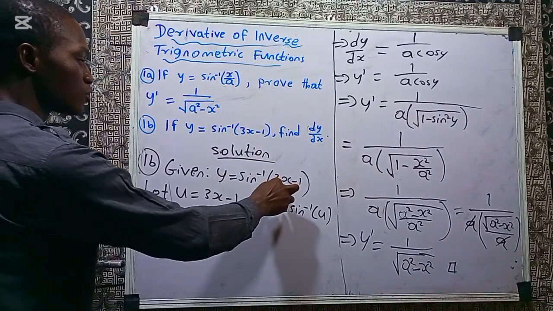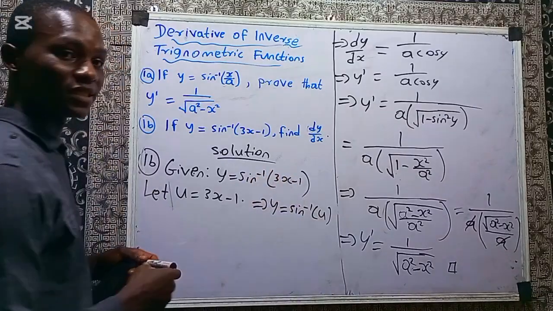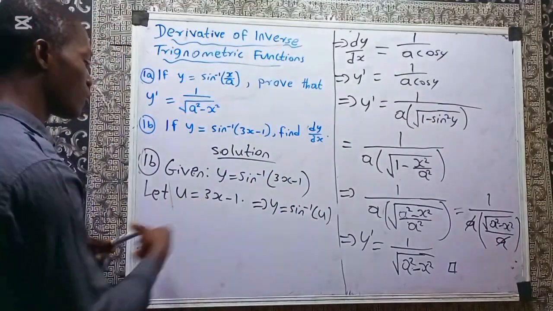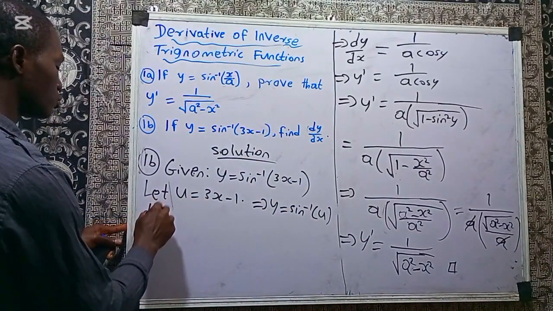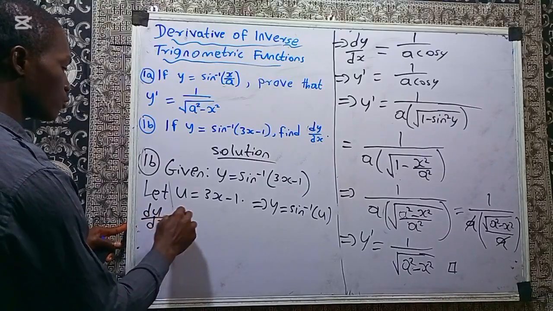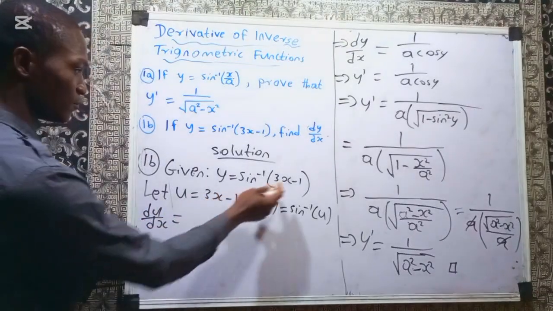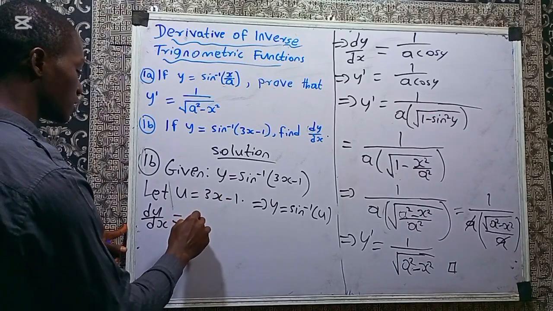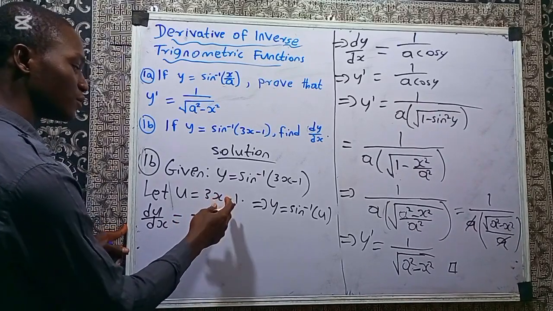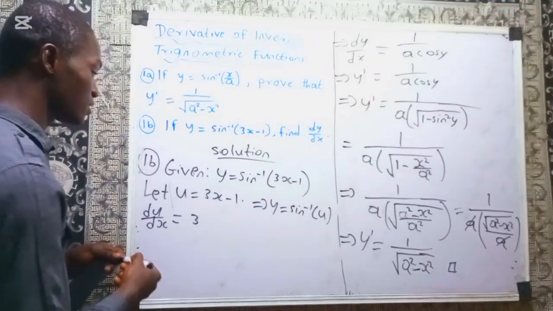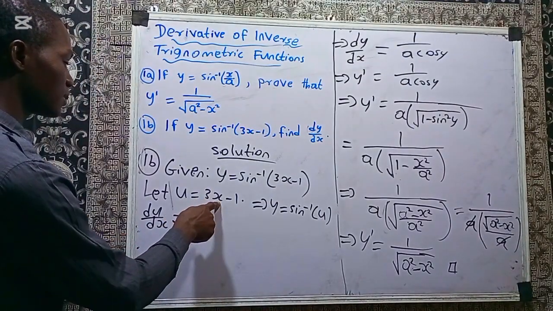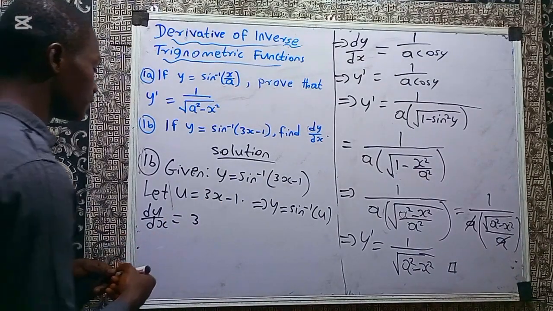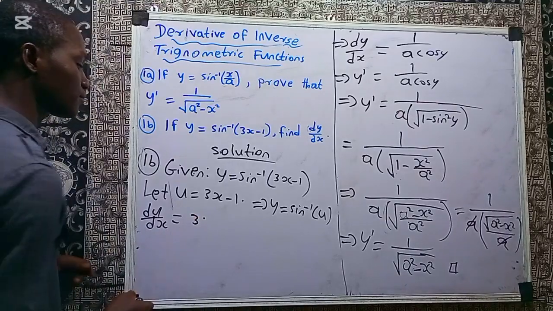So we want to differentiate this inside, that's the one I called u. So du dx will be equal to, if you differentiate the inside, you are going to get 3. Differentiating negative 1, a constant, you get 0, then differentiating 3x, you get 3. Then this is what we have.